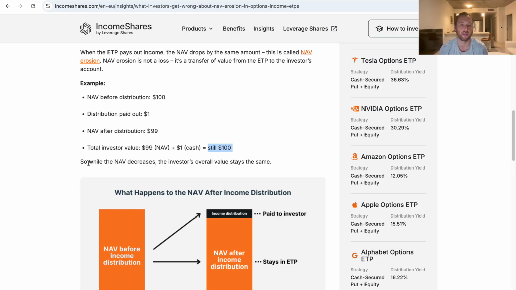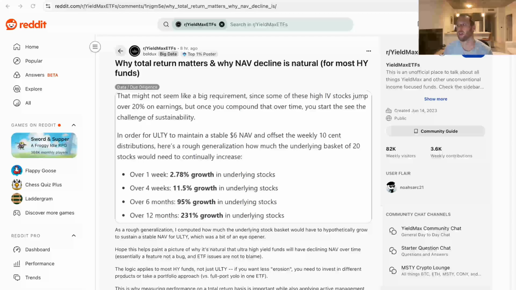But that is okay, because you're getting that distribution right in your hand every single month, and our growth opportunity is going to come from those times right before the distribution, during that month period where we have those potential upswings with a market ETF like QQQ or the S&P 500.